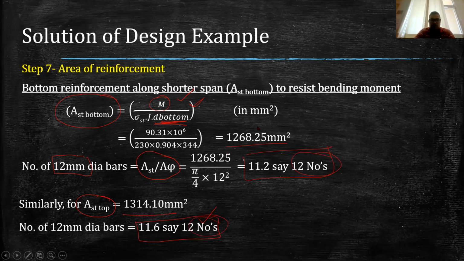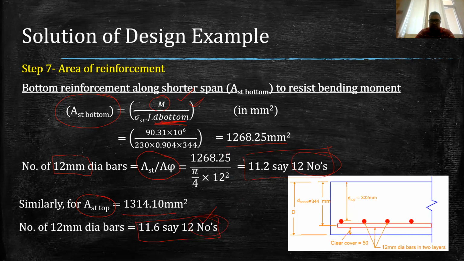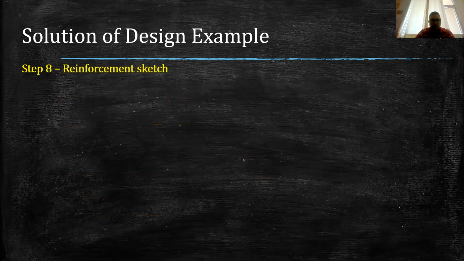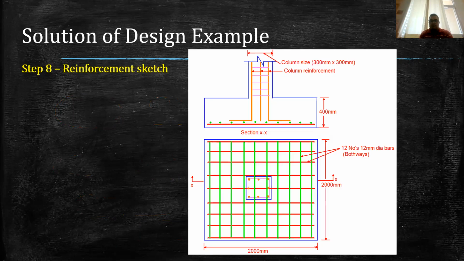So now the final step is the reinforcement sketch. This is how we make the reinforcement sketch. This bar will be extended up to a certain distance. Here, this is the column reinforcement.